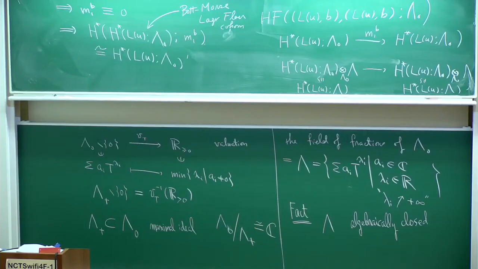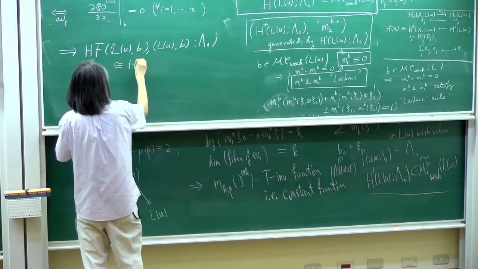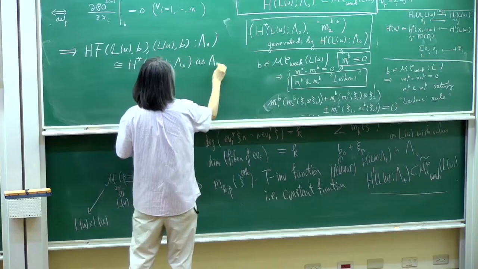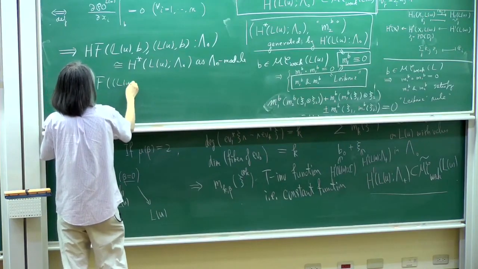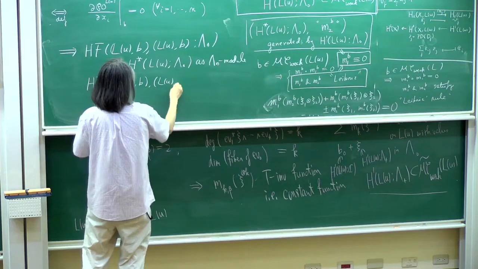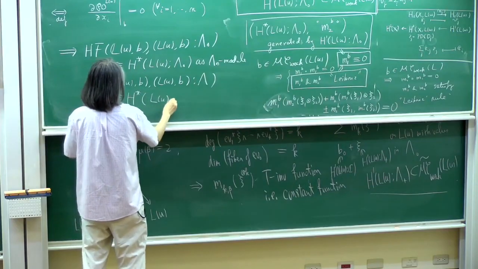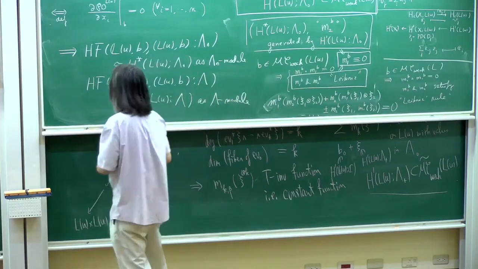So then the conclusion is HF of LU B, LU B lambda 0 is isomorphic to the cohomology of LU lambda 0 as a lambda 0 module, and HF of LU B, LU B lambda is isomorphic to H star of LU with lambda as lambda module or lambda vector space. Okay, so this is it.